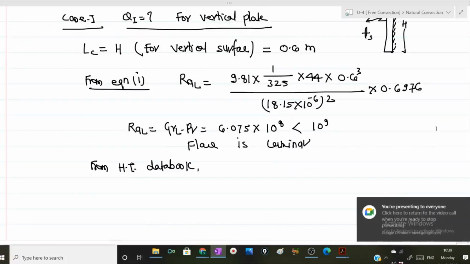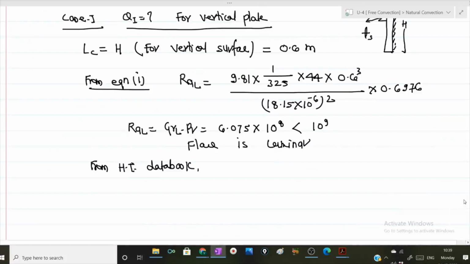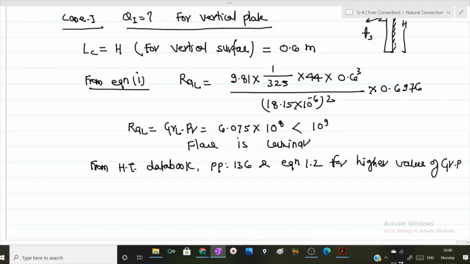So from heat transfer data book, page number 136 and equation 1.2 for higher value of GrPr.